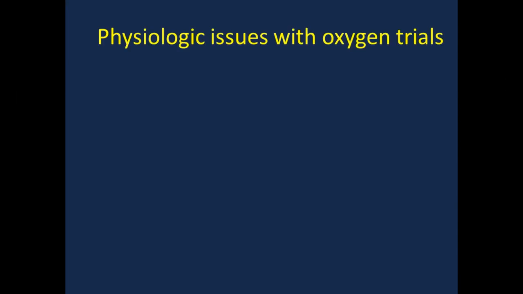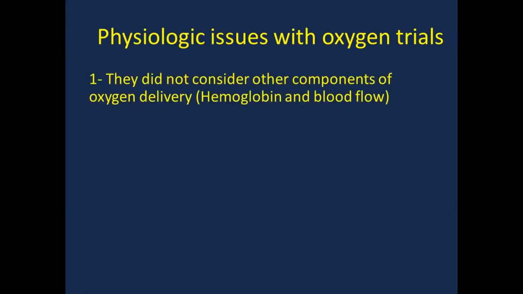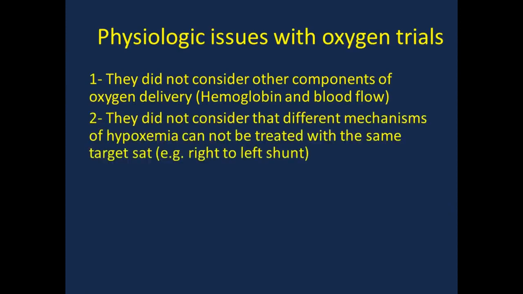And then there are some physiologic issues with these oxygen trials, which, in my opinion, are more important to consider. They did not consider other components of oxygen delivery, like hemoglobin or blood flow. They did not consider that different mechanisms of hypoxemia cannot be treated with the same target saturation, like right to left shunt.